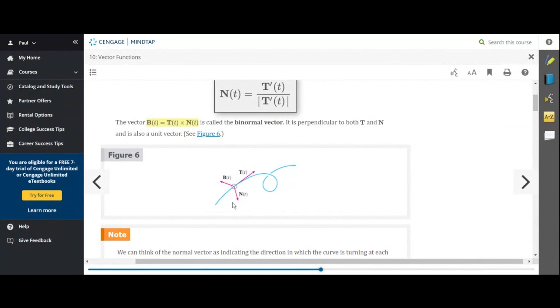So there are two planes in this TNB frame that we care about. One plane is the plane formed by the unit tangent and unit normal vectors. That plane is called the osculating plane, because that plane kisses the space curve, essentially.